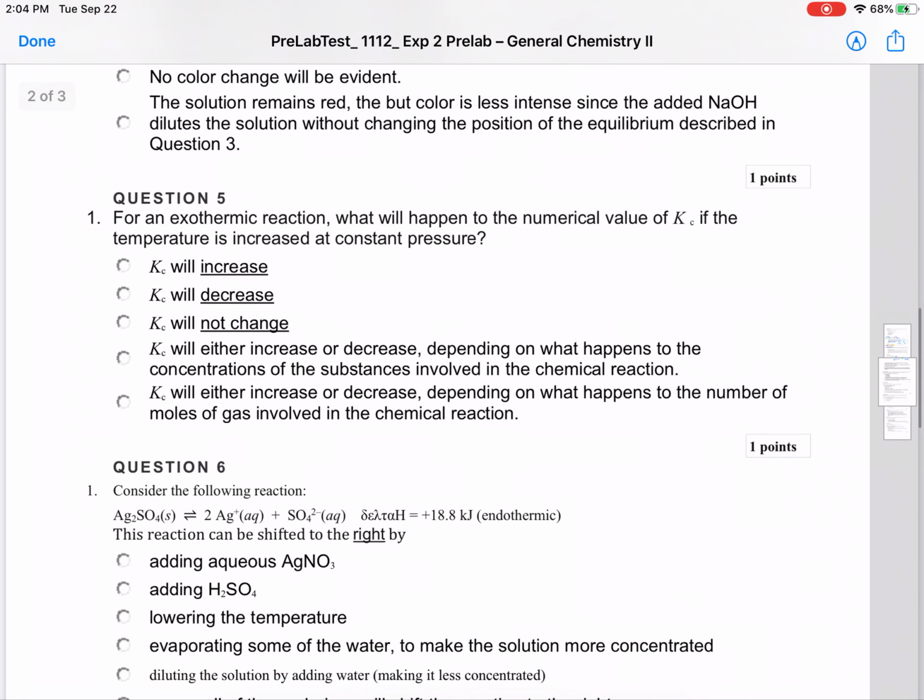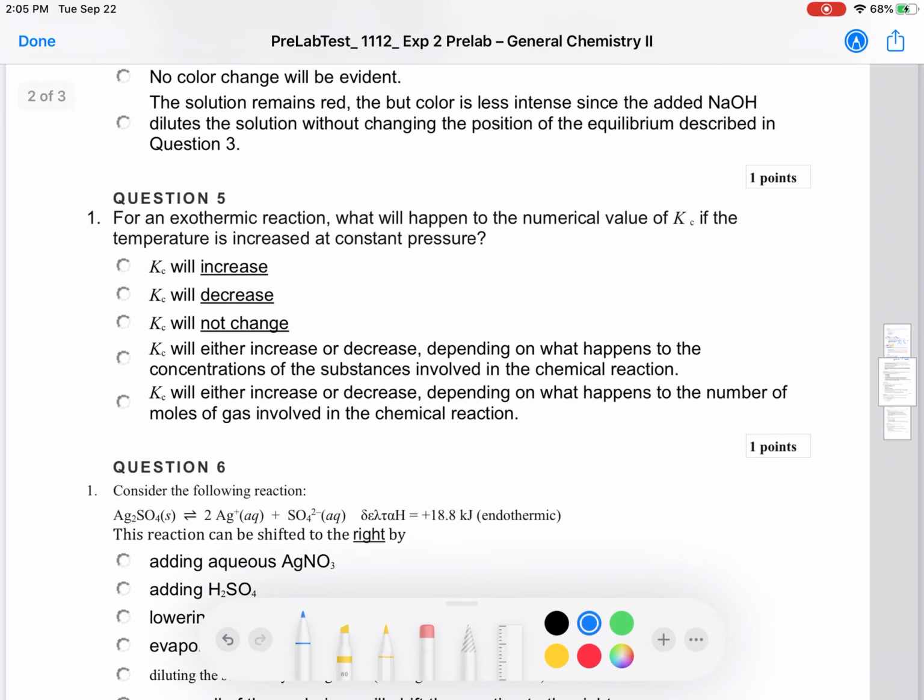Okay, question 5. For an exothermic reaction, what will happen to the numerical value of Kc if the temperature is increased at constant pressure? So what is an exothermic reaction?